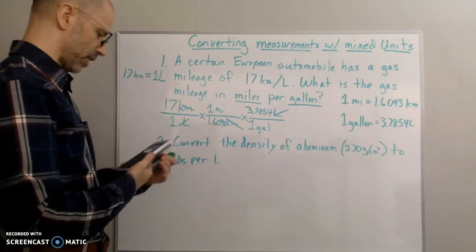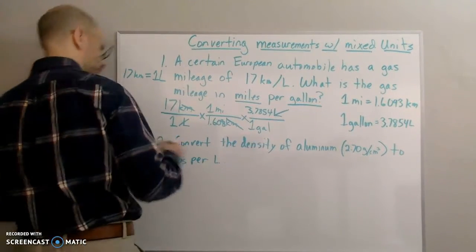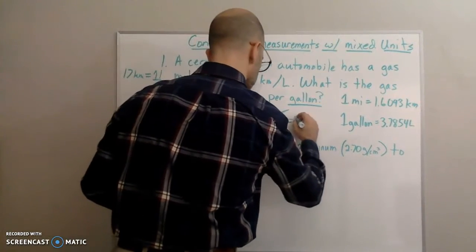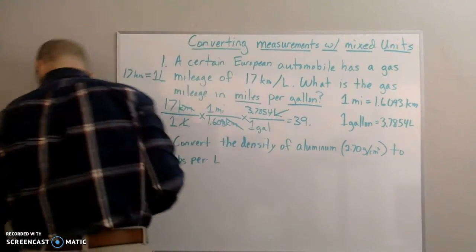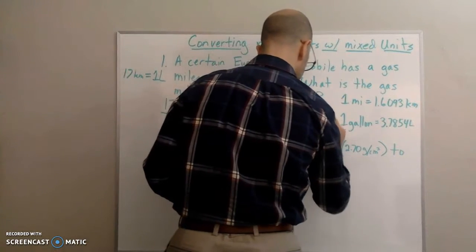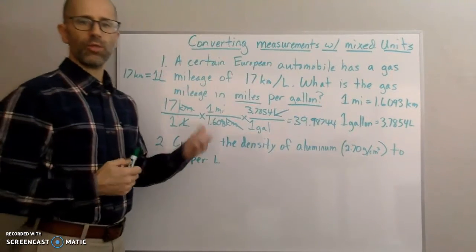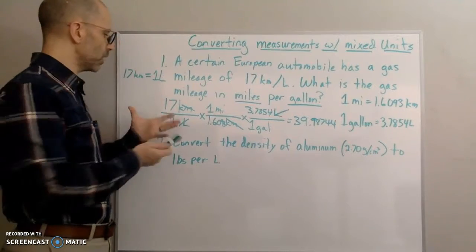So that's going to give us 39.98744. We'll stop there. There are more digits. So that's the answer we got.